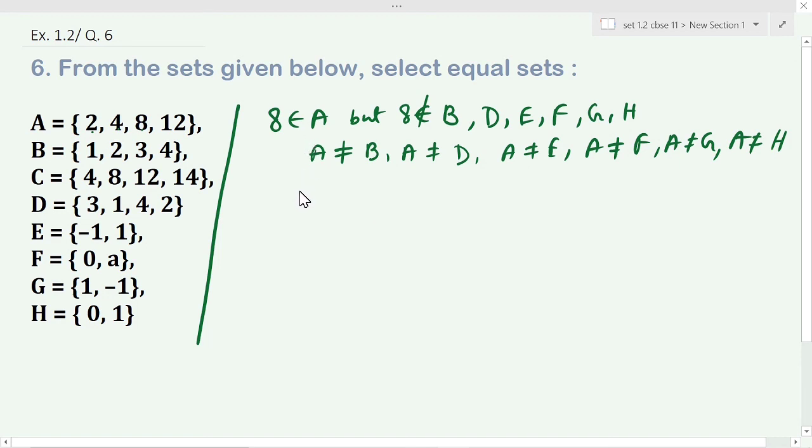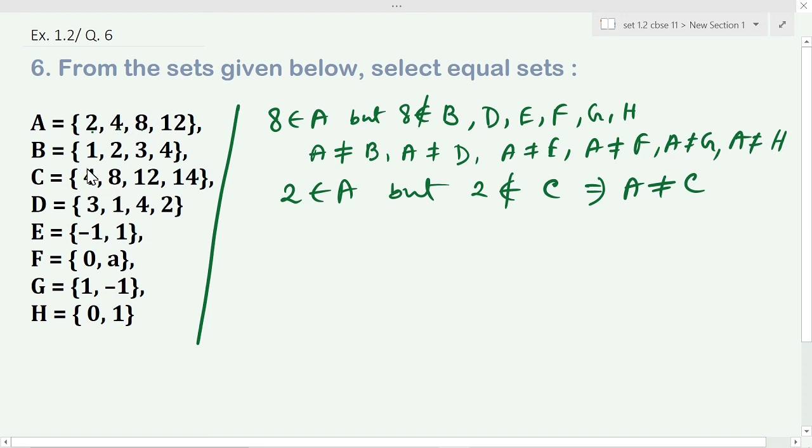Now 2 belongs to A, but 2 does not belong to C. So this implies that A not equals C. So A not equals the rest of the sets.